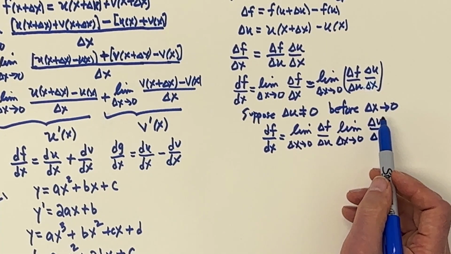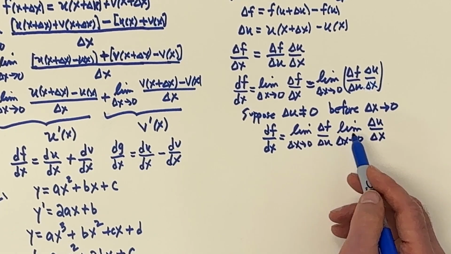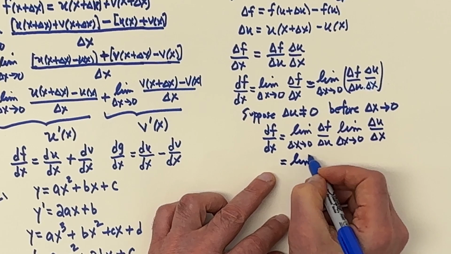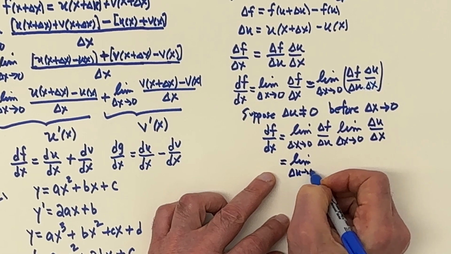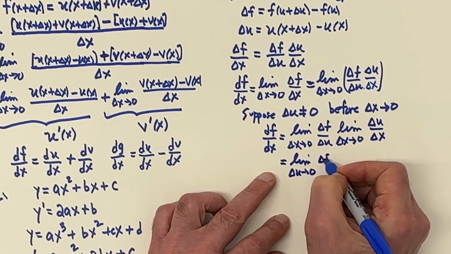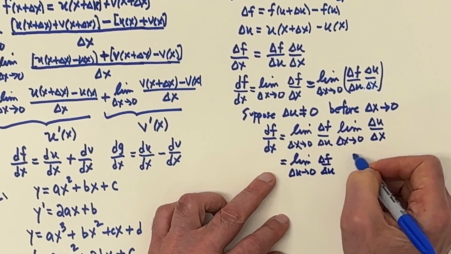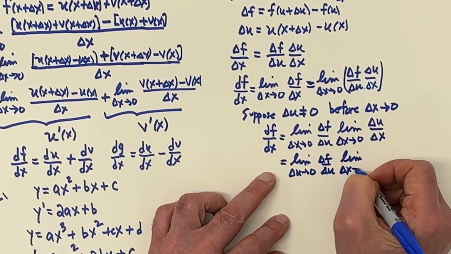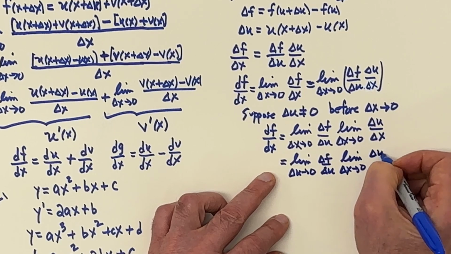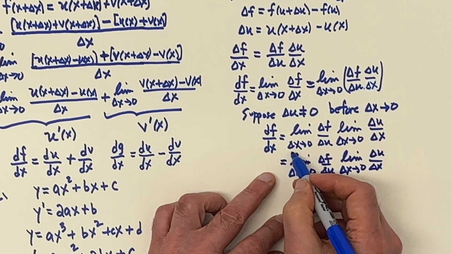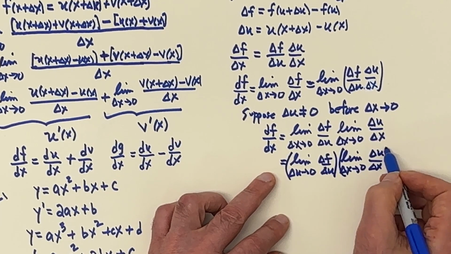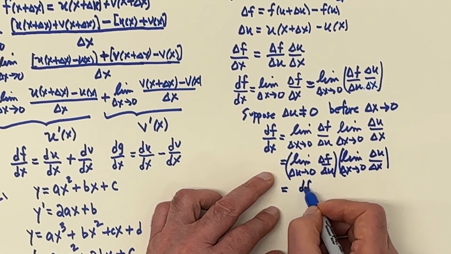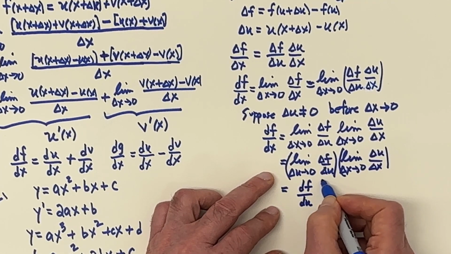And then here, as delta x goes to 0, delta u will be going to 0, so I can replace this with the limit of delta u going to 0 of delta f over delta u, and here the limit delta x goes to 0 of delta u over delta x. And then the limit of the individual components, we would multiply them together, we would have df du and then du dx.